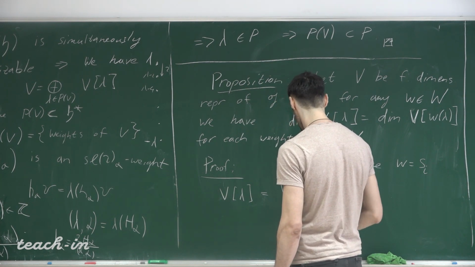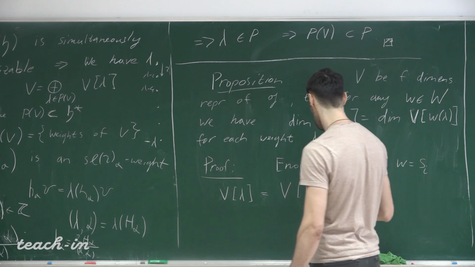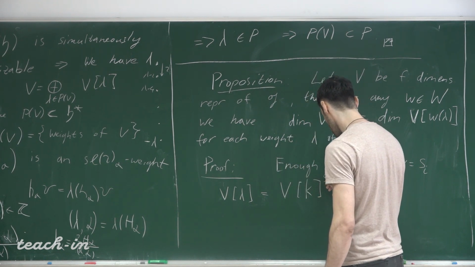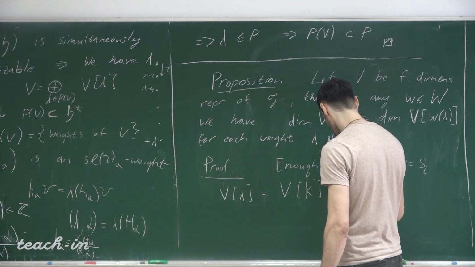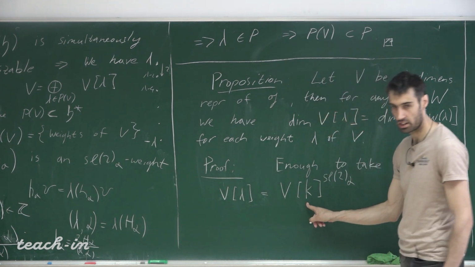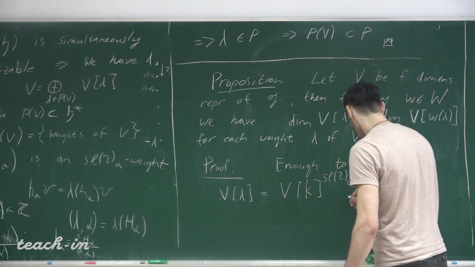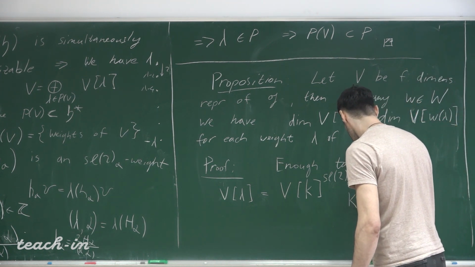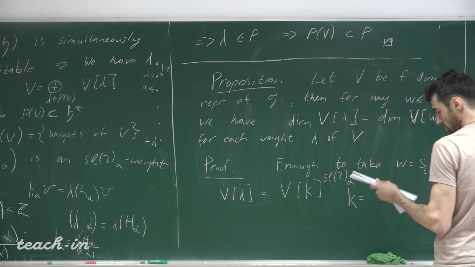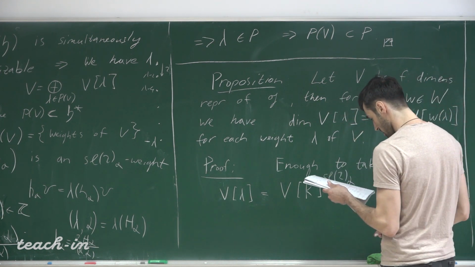Weight subspace of V is a representation of SL2 alpha with some weight k. And what is this weight k? Well, we computed this, maybe even not one time.